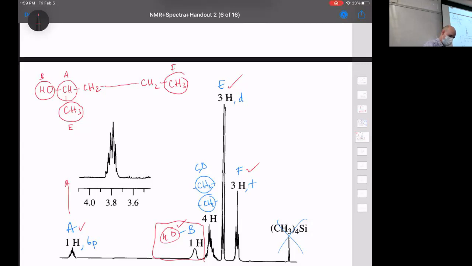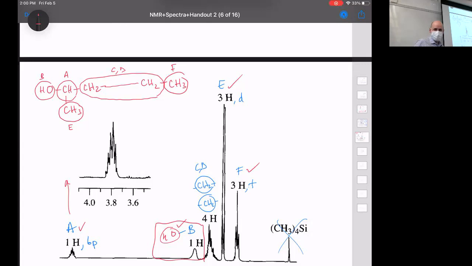And so this is our C and our D. And you don't know which one is which, but it doesn't really matter because they're both CH2s and they've got to be attached to each other. So you had the left side of the molecule and you ran into a muddy dead end. And then you got the right side of the molecule and you ran into a muddy end. But you hadn't done anything else with the molecule, so they just had to be attached to each other. And that was how we could put this together.